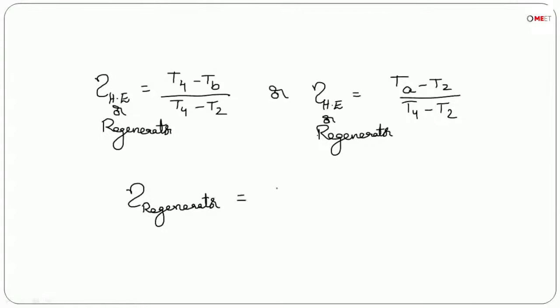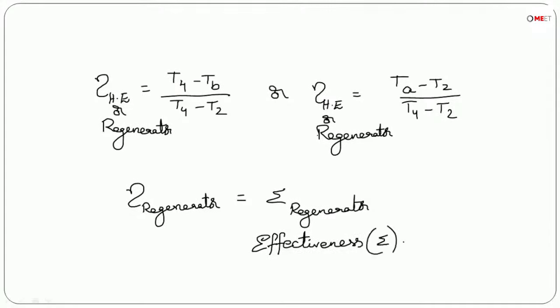This efficiency of the regenerator is also called the effectiveness of the regenerator. Sometimes in the questions they will say effectiveness of the regenerator, which is also called the efficiency of the regenerator. So if they say effectiveness, don't consider that it is some other term.